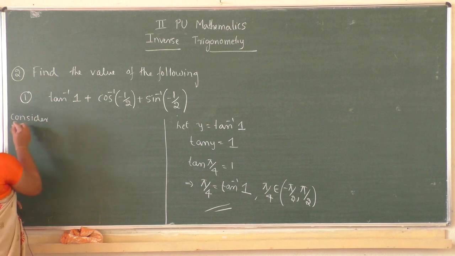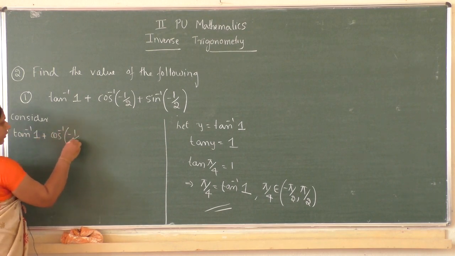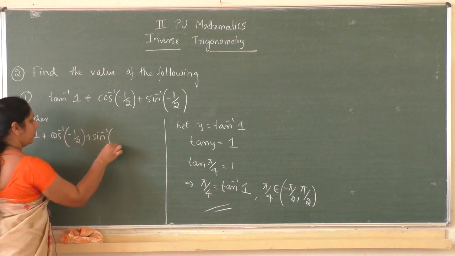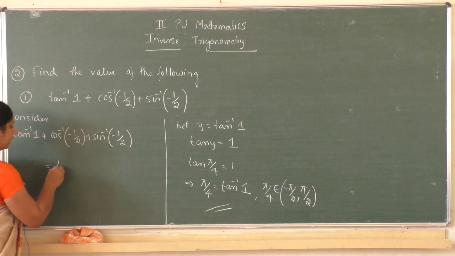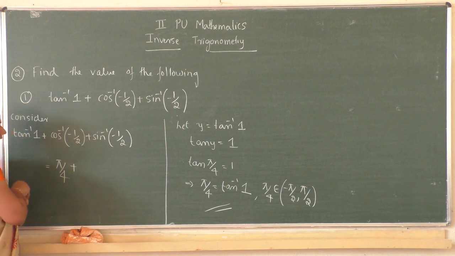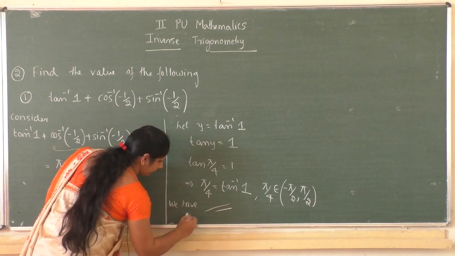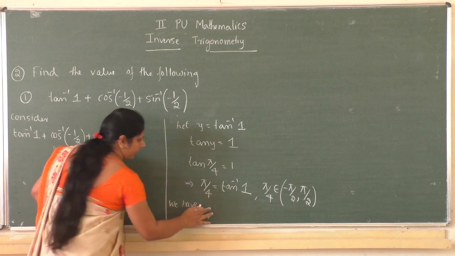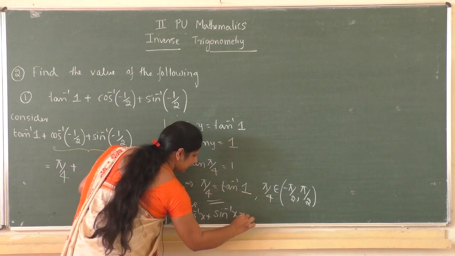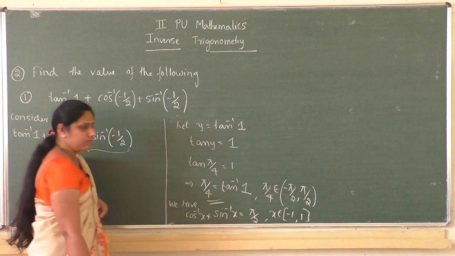Now we have to consider tan inverse 1 plus cos inverse of minus half plus sin inverse of minus half, which is equal to, in the place of tan inverse 1 we can write the value pi by 4 plus, and here we are using the formula, we have cos inverse x plus sin inverse x equal to pi by 2, where x belongs to the closed interval minus 1 to 1.